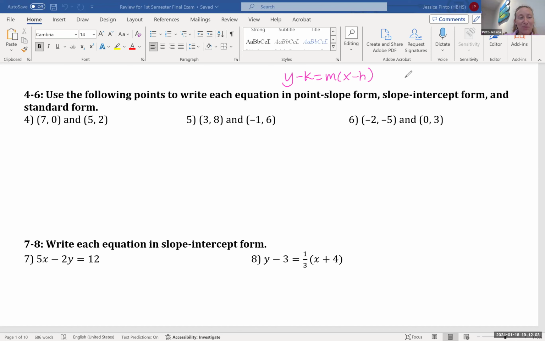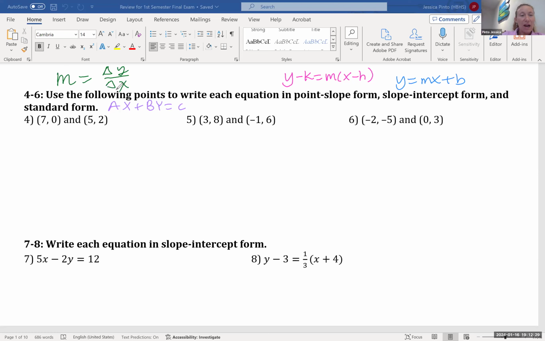Slope intercept form, y equals mx plus b. And then standard form always has ABC in it. That's ax plus by equals c. And then just to find slope, that's going to be the change in y over the change in x.